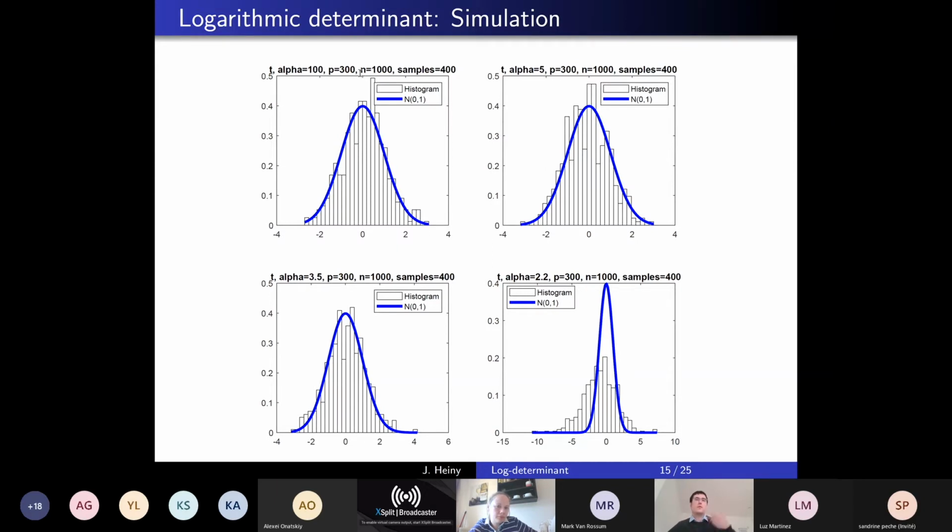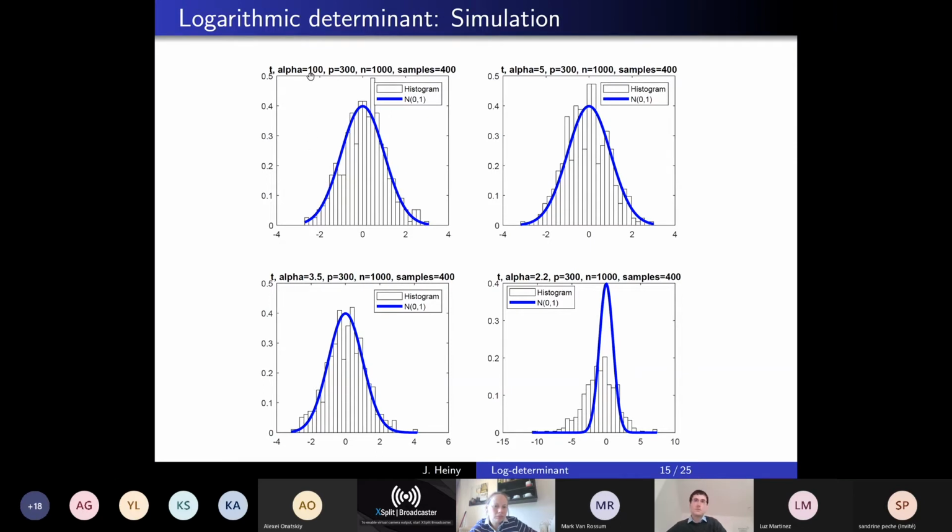And so for one such simulation, you compute the log determinant, and then you repeat this 400 times. And this is the histogram of the values that we obtained. And the blue line here is just the density of the standard normal distribution. And you see this looks like a very good fit.